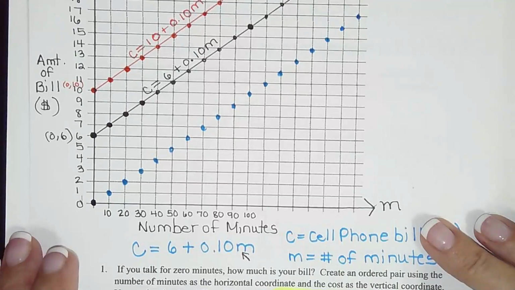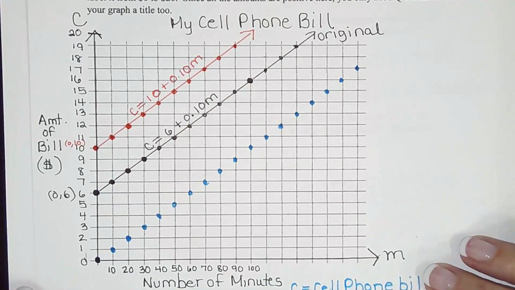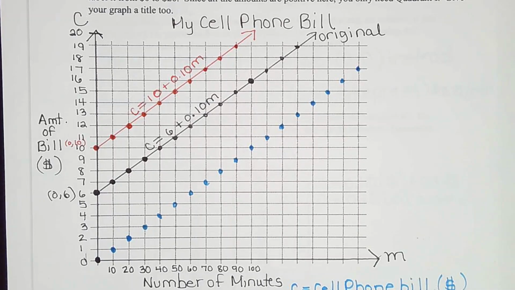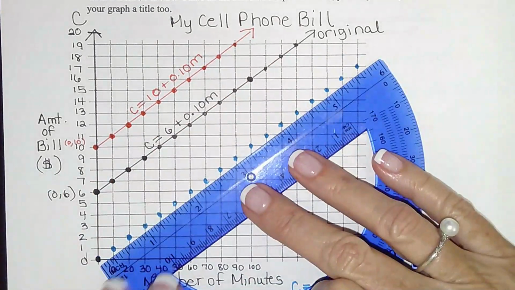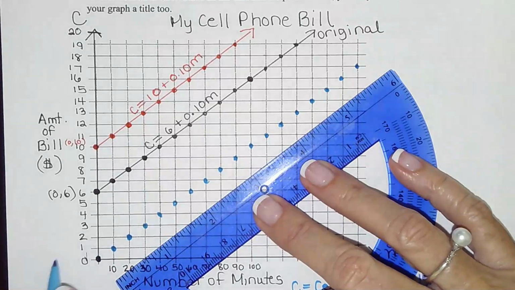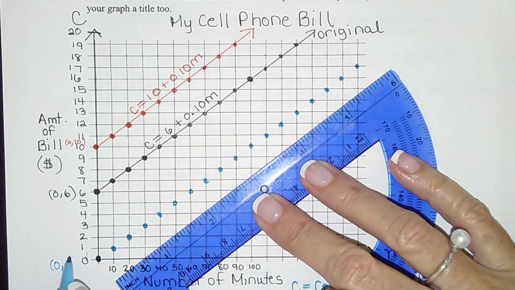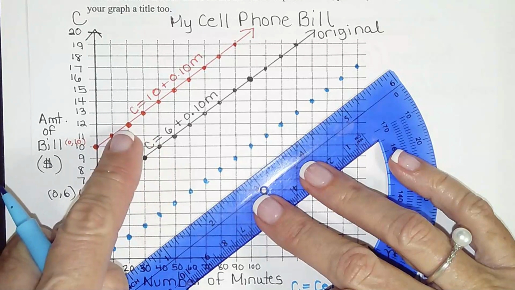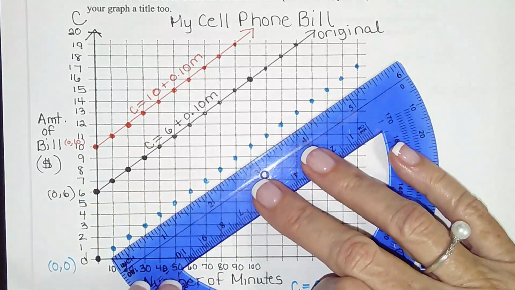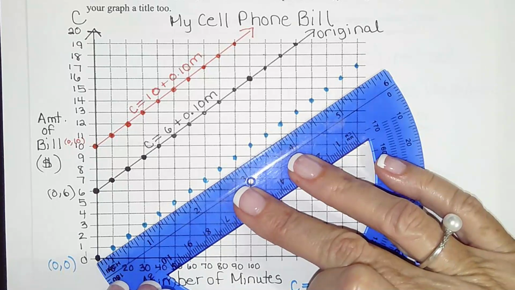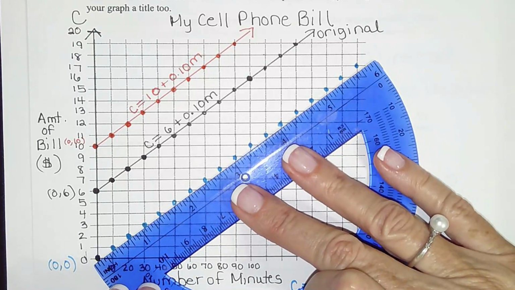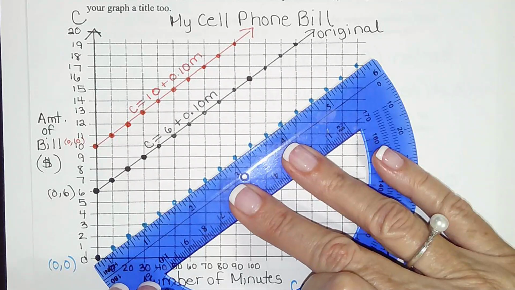So there we go. The last question said, did our prediction hold? Is the y-intercept 0, 0? Yes, it is. Is the line the same steepness or parallel to the other lines? Yes, it is. So graph your line.